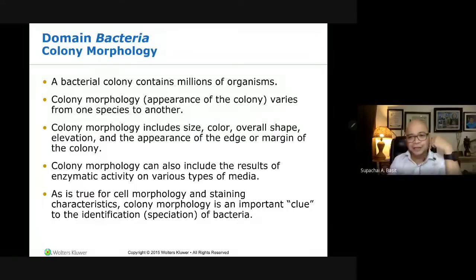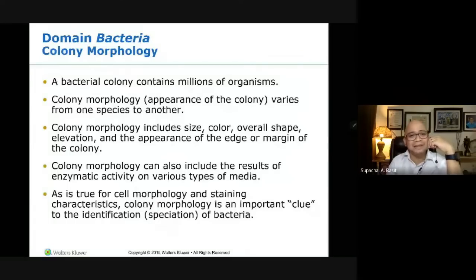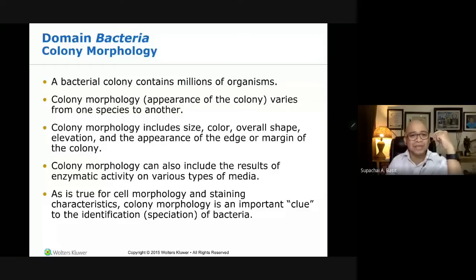So here you'll be able to see bacteria that can be grown in petri dishes. The colony morphology, or the appearance of the colony, varies from one species to another. The variation includes the size, the color, the overall shape, and even the elevation and appearance of the edge or margin of the colony. Later on, I will be showing you a petri dish of our bacterial culture here in the laboratory.